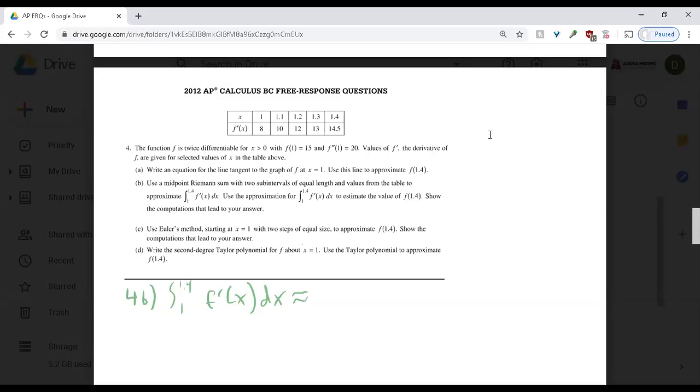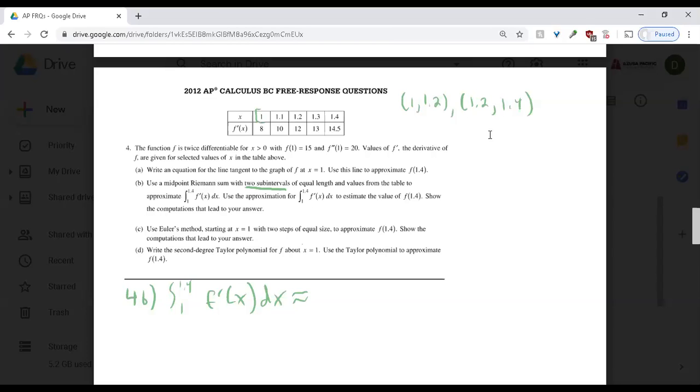To do MRAM, if you want to find 2 subintervals, that means you're going to go from 1 to 1.2. So the first interval is going to go from 1 to 1.2. The second interval is going to go from 1.2 to 1.4. That would give you 2 subintervals.